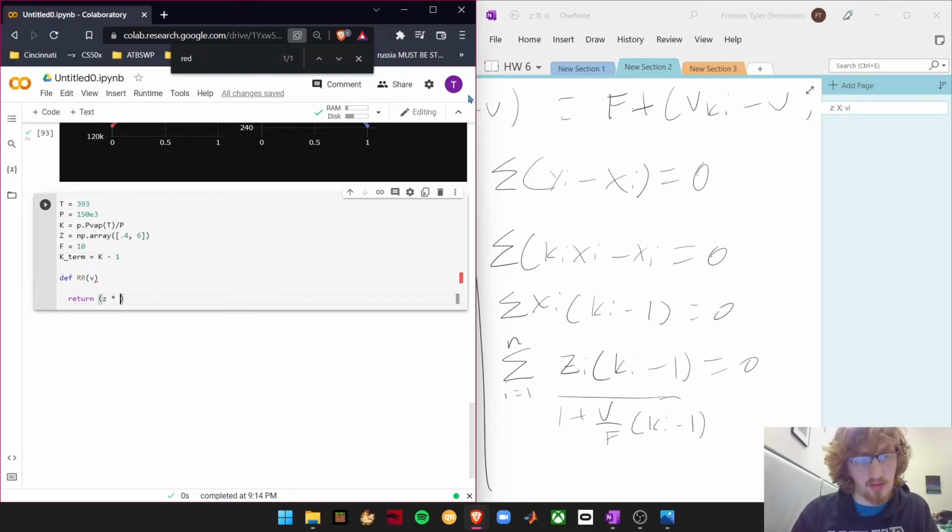So we want to return our Z times our K term divided by 1 plus our vapor fraction multiplied by our K term. And I think I have something wonky going on. Wait, no? Okay, our parentheses are good.